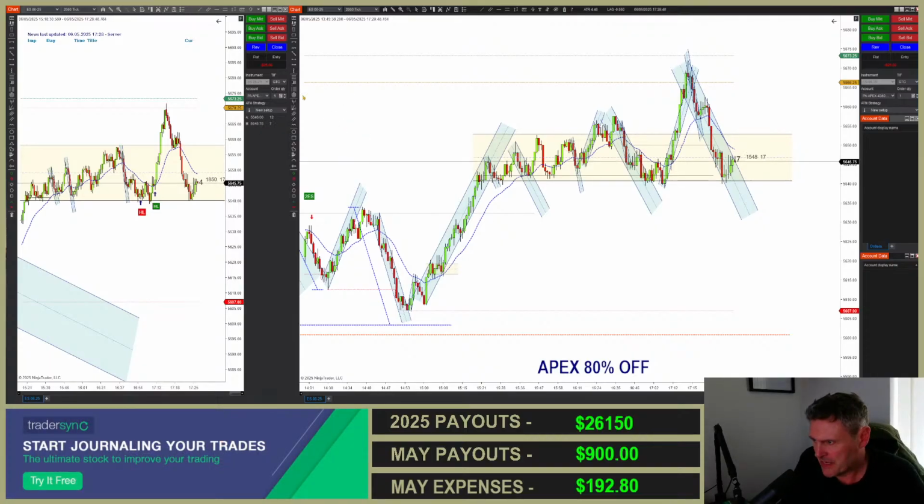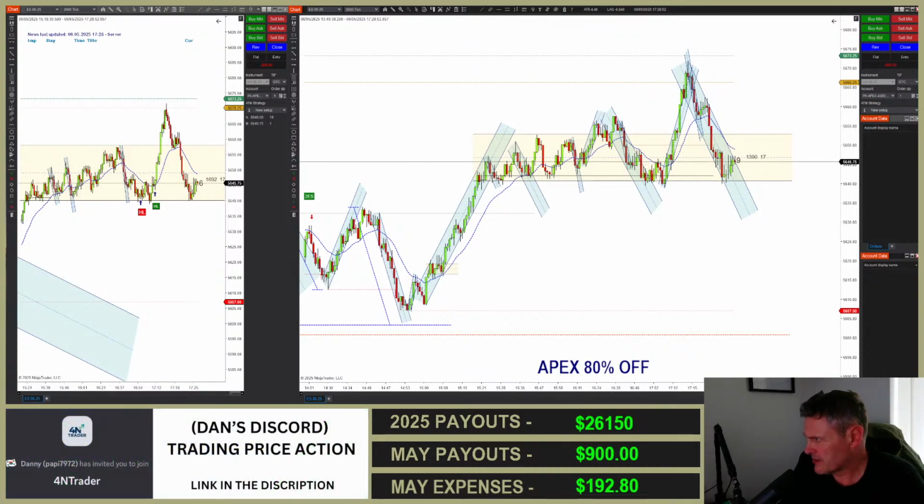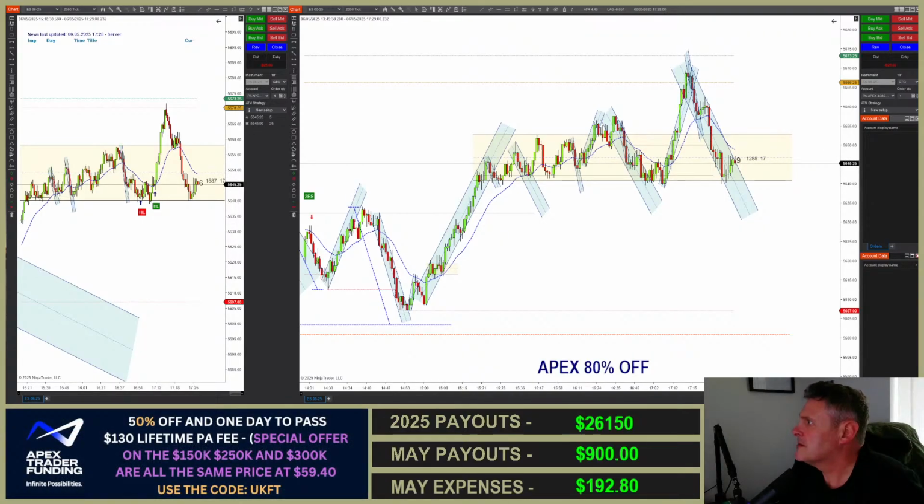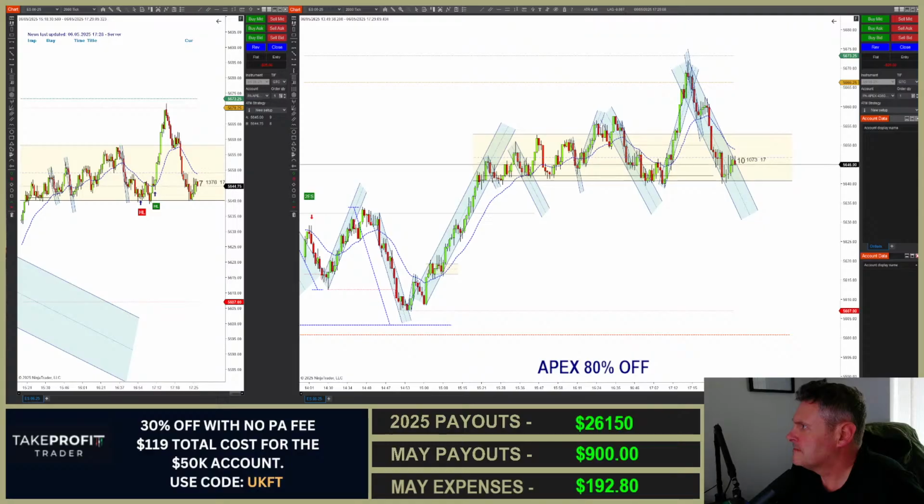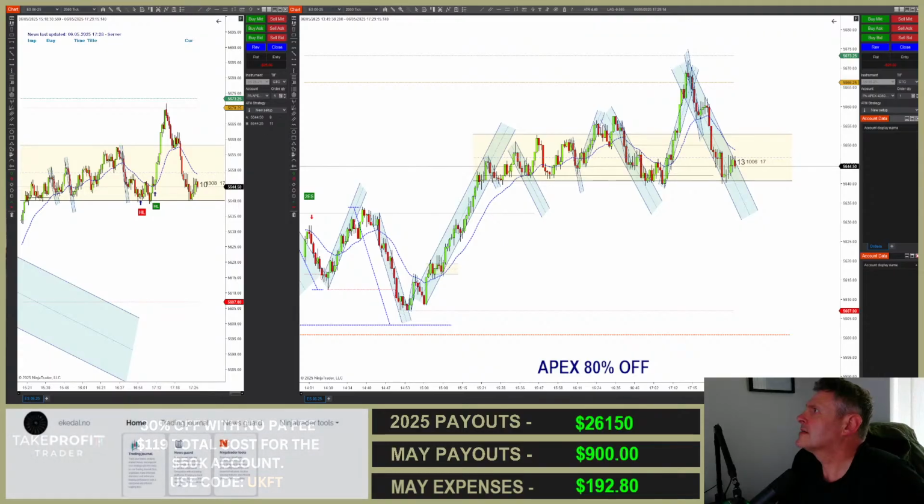I did actually mention the other day I took a photo of the trade I took. Have I still got it? It was an absolute perler. Can't remember what I'd done with it. Let me have a look. Can't see it.